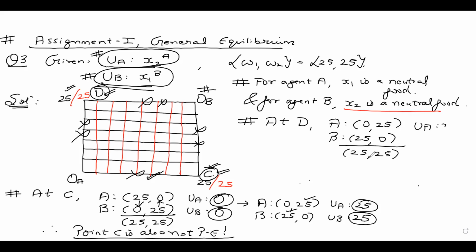Utility which A gets from its own bundle is 25. Utility which B gets from its own bundle is 25. You can see that at point D, both A and B are getting the maximum utility.